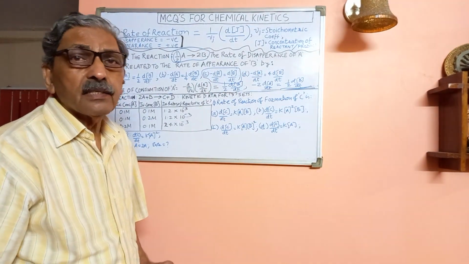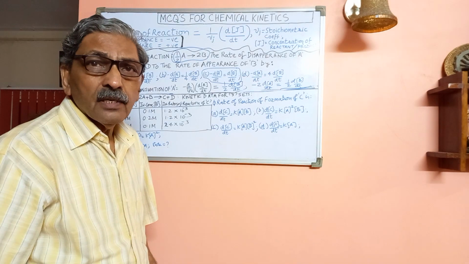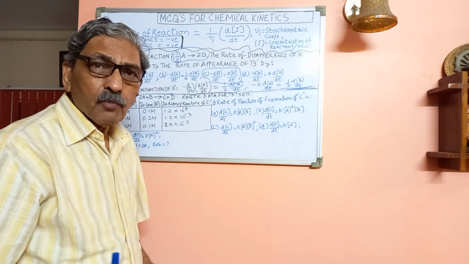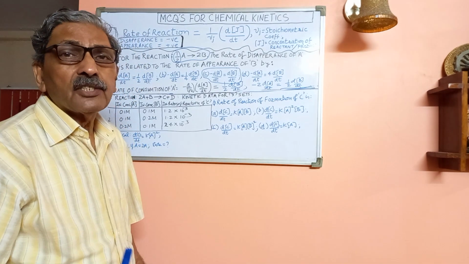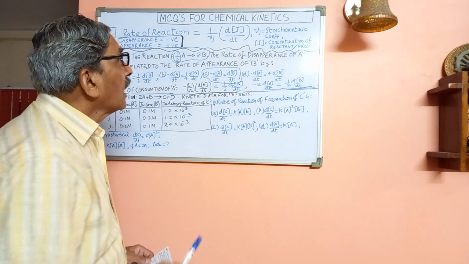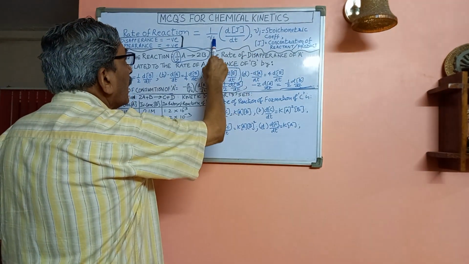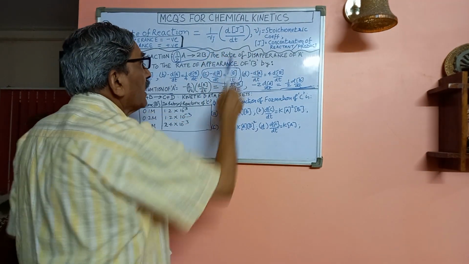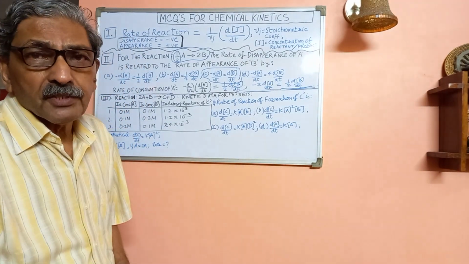So basically it is the change in concentration of either the reactant or the product upon the change in time. And 1 upon nu j, as we have shown, is the stoichiometric coefficient.